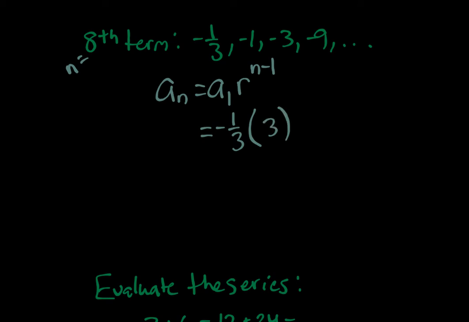So 3. And then we're just going to do 8 minus 1. And then you plug that into the calculator, and if I'm not mistaken, wait a minute. Yeah, I think it's negative 729. Let me check real quick. Yes, negative 729.